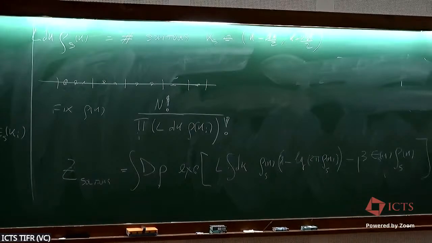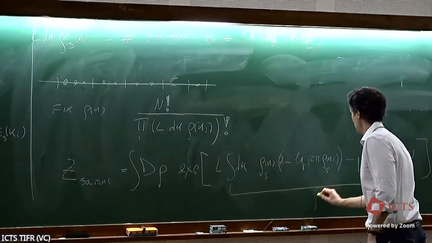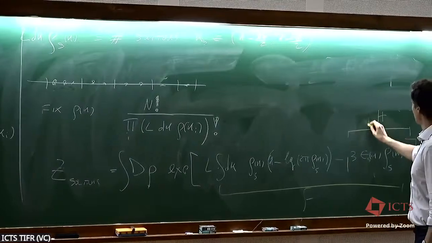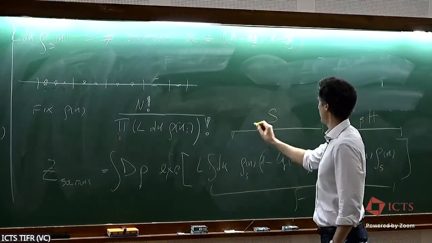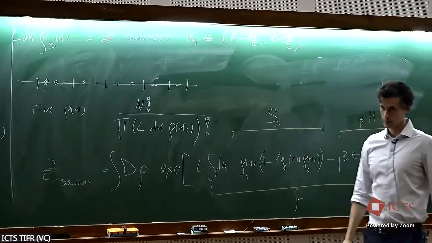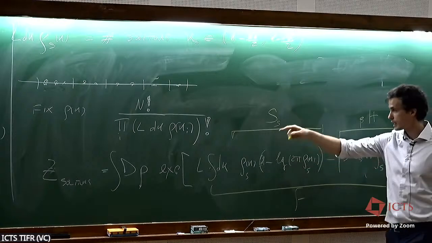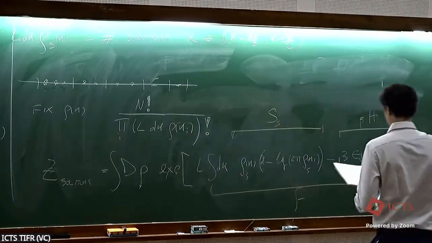Again, this is a free energy. This is the beta energy, and this we recognize to be the entropy of the solitons. This is an entropy of Maxwell-Boltzmann type, and it comes just out of combinatorics, like what you do when you solve for free particles in a gas.